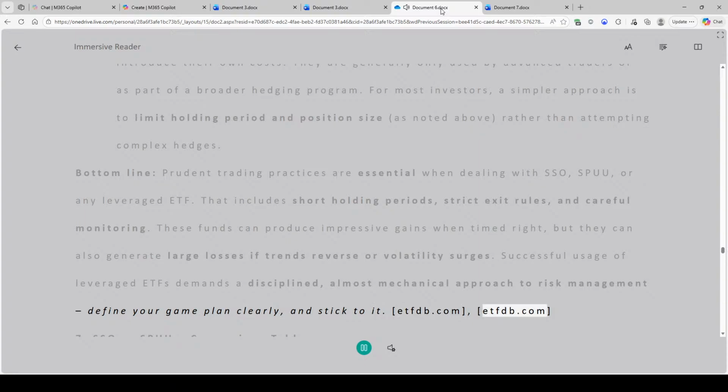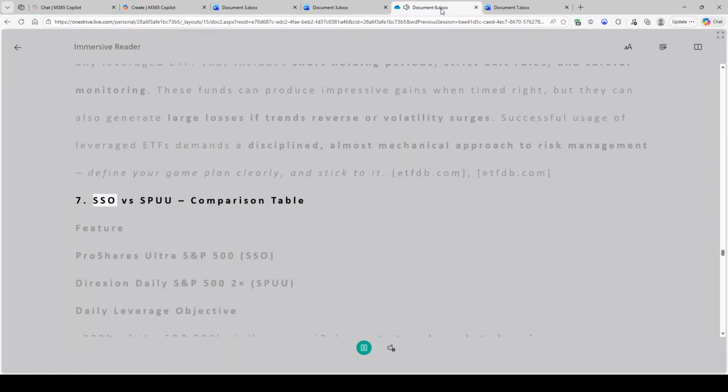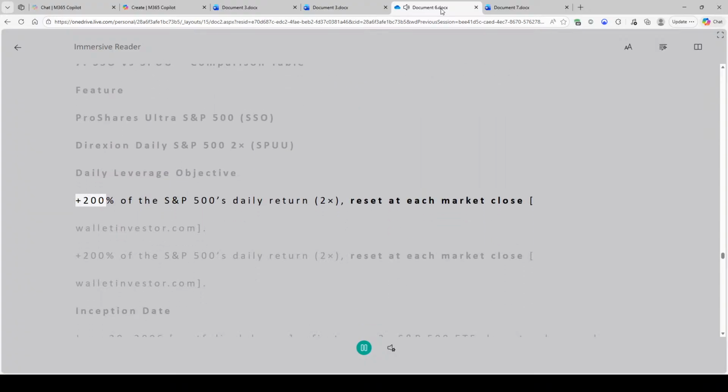7. SSO versus SPUU, Comparison Table. Feature. ProShares Ultra S&P 500, SSO. DirectSyn Daily S&P 500 2x, SPUU. Daily Leverage Objective. Plus 200% of the S&P 500's daily return, 2x, reset at each market close.